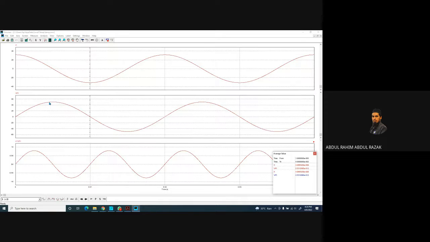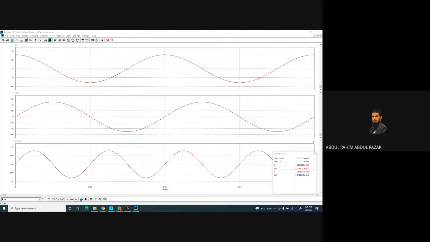Then the current that flows into the load, absorbing or delivering. We can say the load is absorbing, or the source is delivering. How many peak amps in terms of current? We can also mention the average and RMS current, the peak, the RMS current.